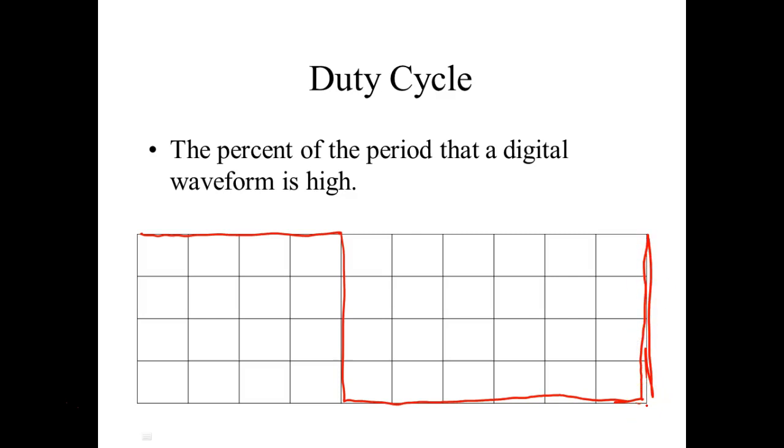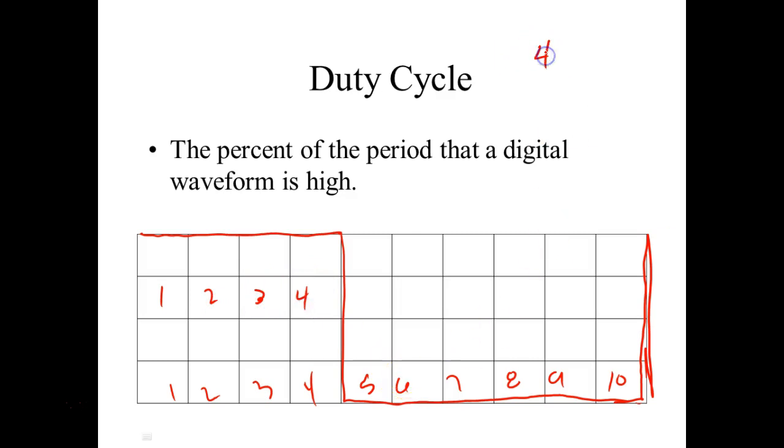So what would the duty cycle be here? We've got a total of 1, 2, 3, 4, 5, 6, 7, 8, 9, 10. Over here we've got 1, 2, 3, 4.